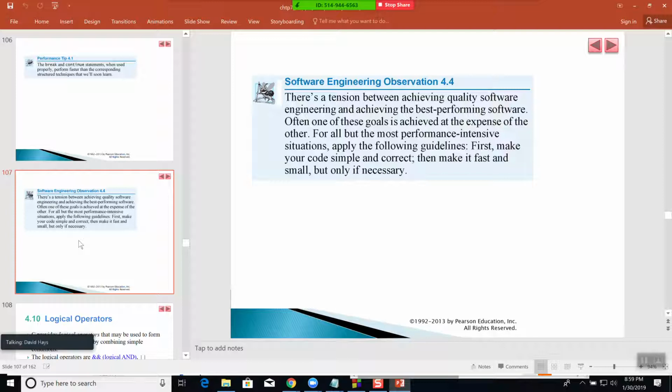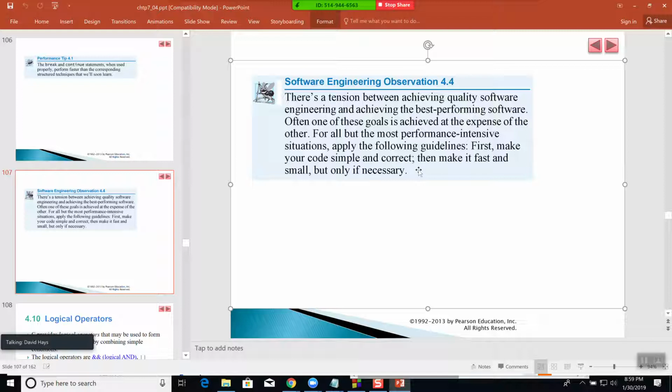First, make your code simple and correct, then make it fast and small, but only if necessary. This all depends upon what you're doing. In the Introduction to Digital Design class, which some of you going to Wichita State will have to take, whether you take it here or at Wichita State, when you're working with circuits, what you'll find is that in one electronic device, you may have 10,000 circuits.